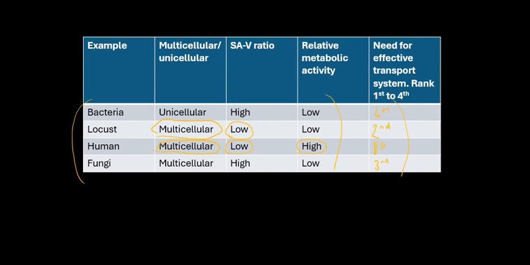So starting with the slightly more complicated transport systems that you might find, for example in humans, where you end up having a double circulatory system, such as blood starting in the heart, then travelling to the lungs, and then travelling back to the heart and then to the body.